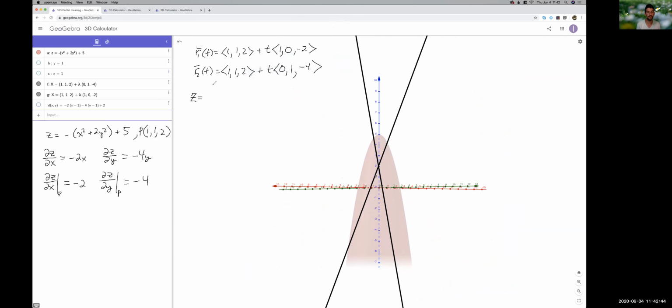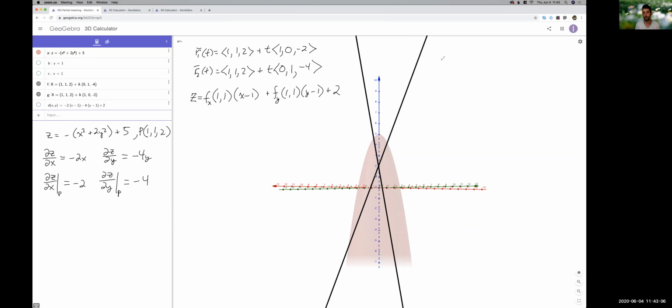Z equals, so I'll write it as f, the x derivative at the input point 1, 1, times x minus 1, plus the y derivative at this point, times y minus 1, plus z naught, which we know is 2, the z coordinate, right?